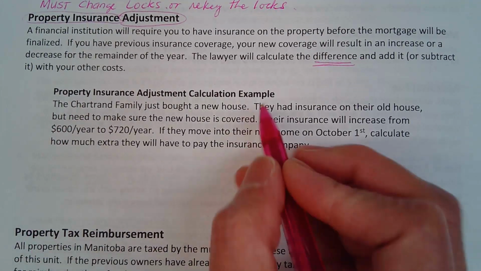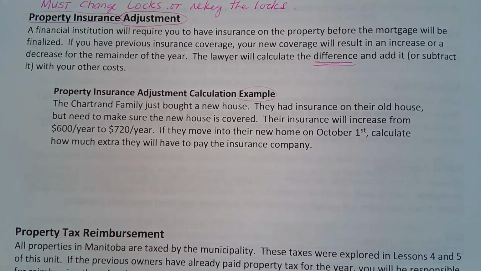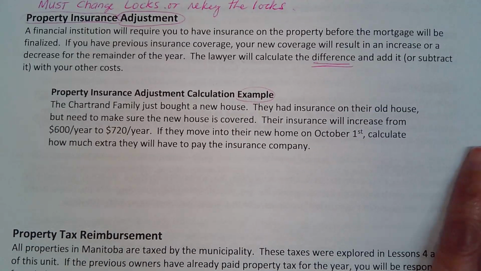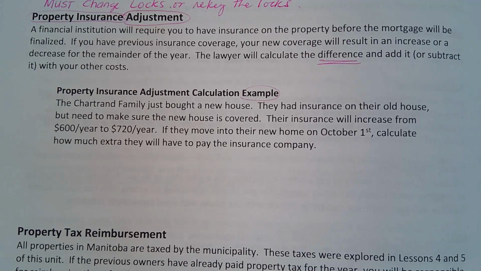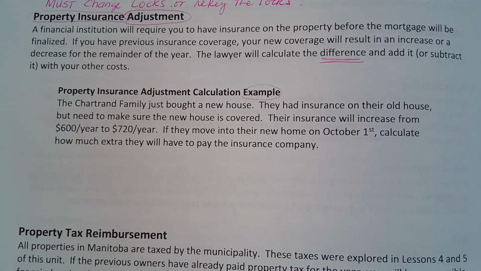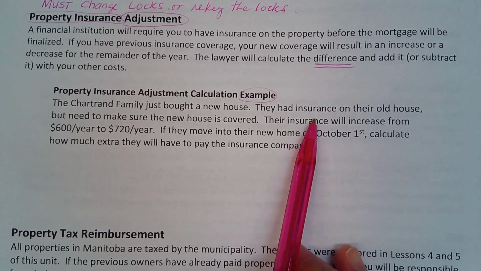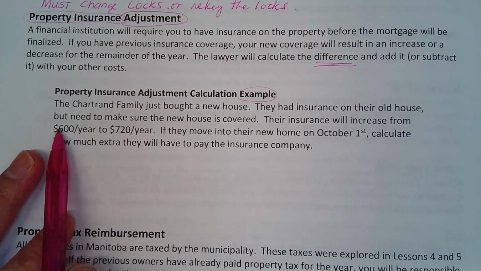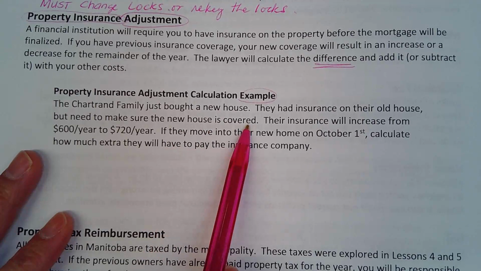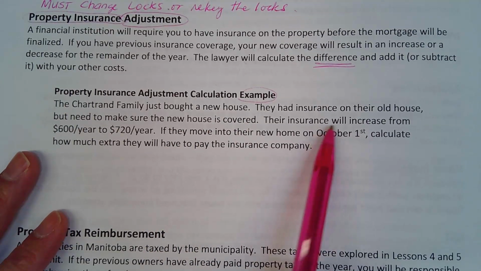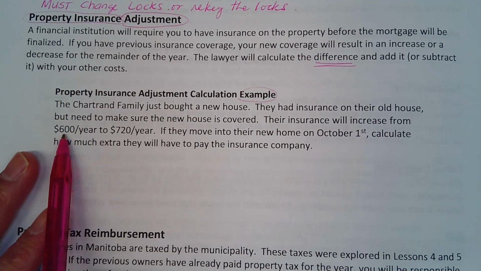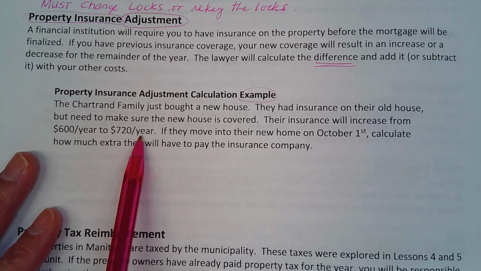Here's an example. This is where we had to do some calculation. Where's my calculator? There it is. The Chartrand family just bought a new house. They had insurance in their old house, but they need to make sure the new house is covered. The insurance will increase from $600 a year to $720 a year.